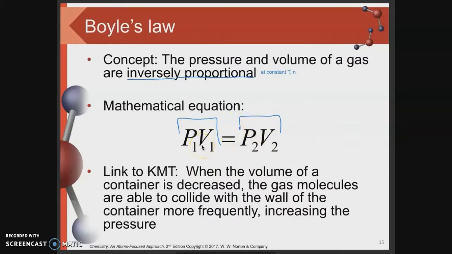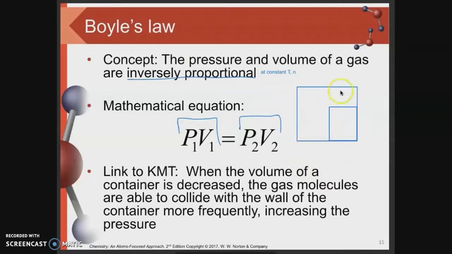Now, the other way that we can look at this is from the standpoint of kinetic molecular theory. And with kinetic molecular theory, again, we had those assumptions that we made. What we can say with relation to that theory is that if we shrink down the volume of the box, so let's say that our container was this big, but now it's only this big.